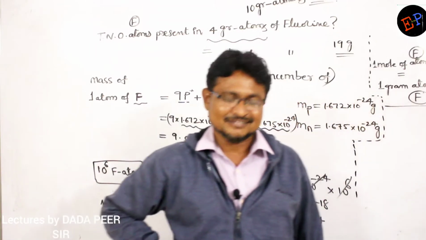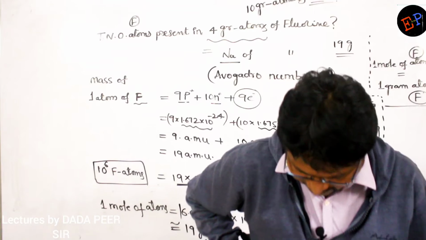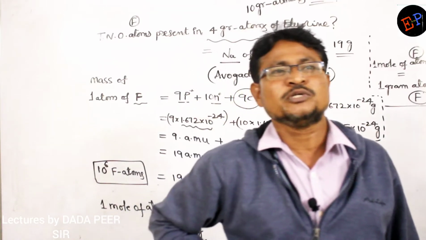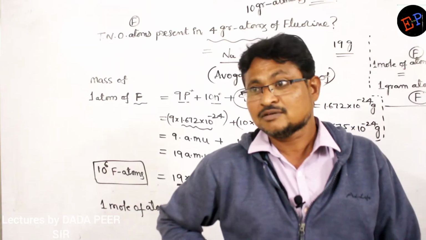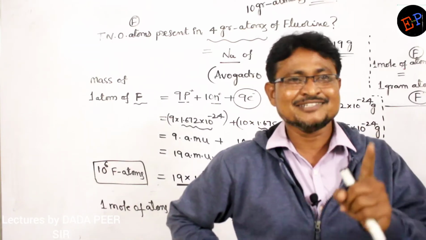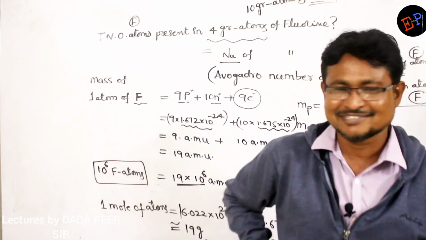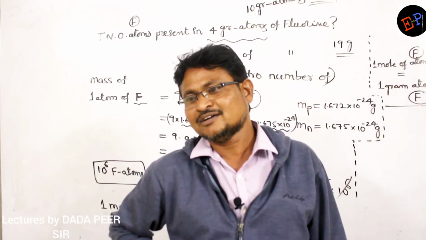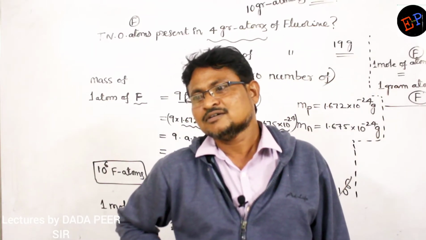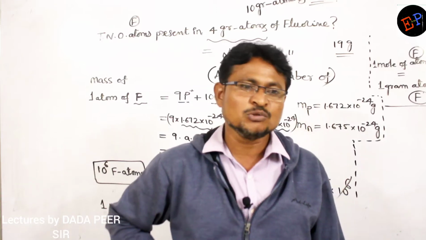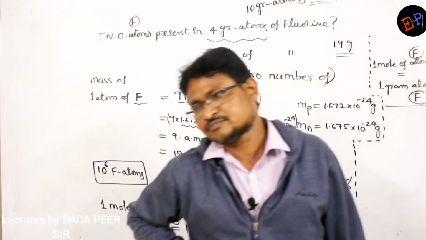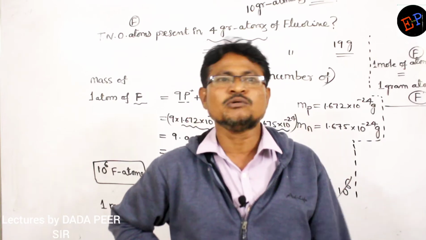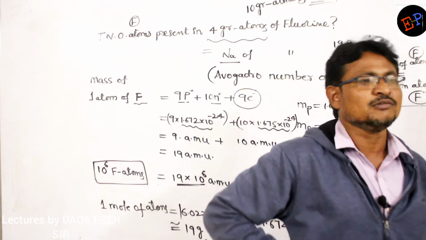C: 6.023 into 10 to the power of 23 atoms. This is the serious option, because 1 mole is equal to 6.023 into 10 to the power of 23. Fourth option: 6.023 into 10 to the power of 23.